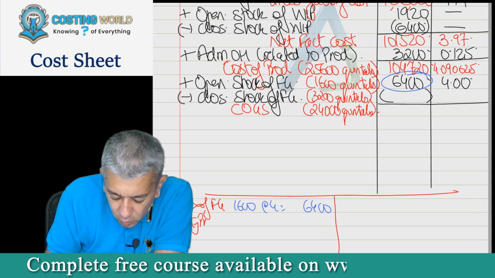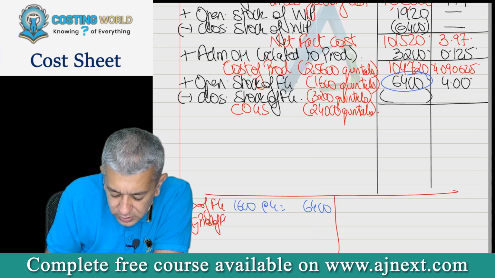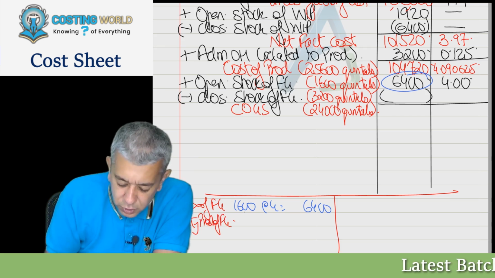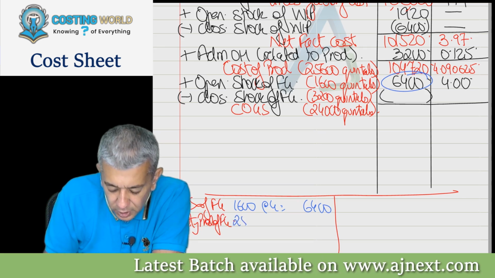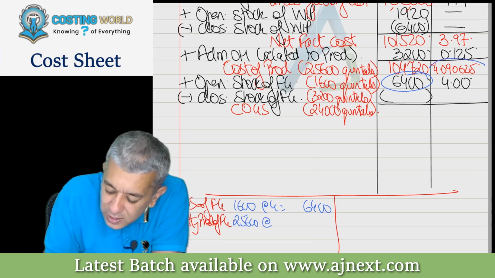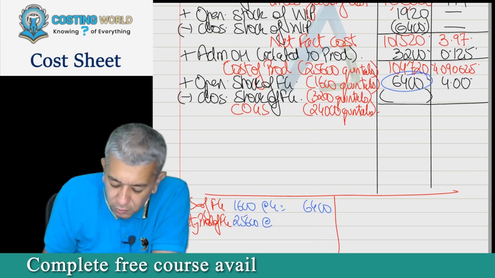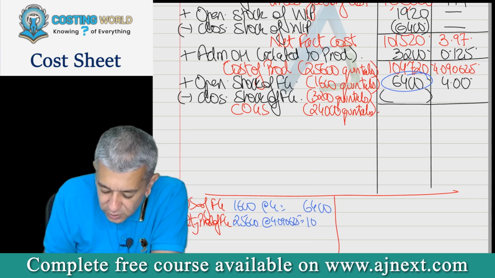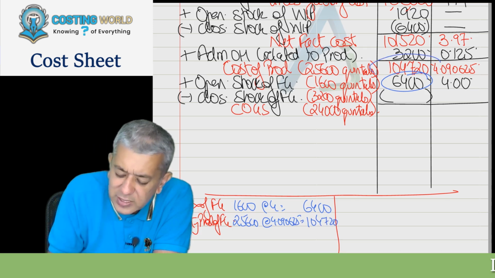So I am writing quantity produced of finished goods. Tell me, in this period, how many quintals had you produced? 25,600. And every quintal produced had a total cost of 4.090625. So this was 104,720. That is this particular figure.